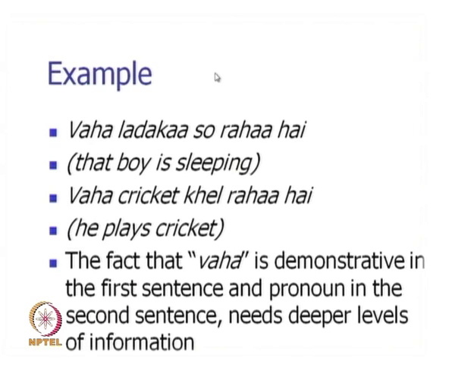We take examples. We discussed in the last class some examples of the following form. वो लड़का सो रहा है, that boy is sleeping. वो cricket खेल रहा है, he is playing cricket. He plays cricket, he is playing cricket.